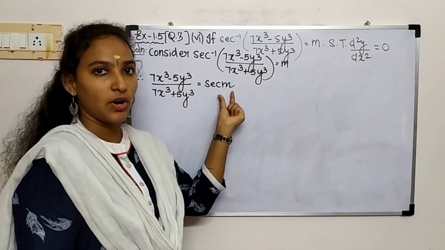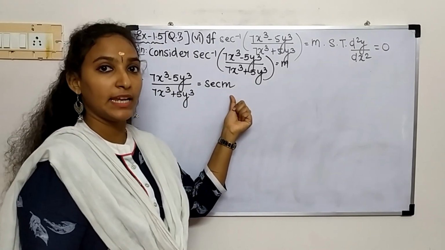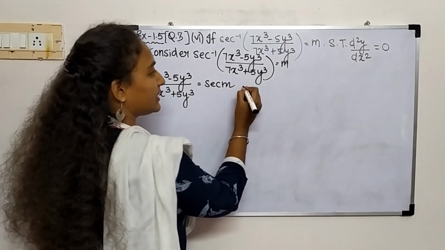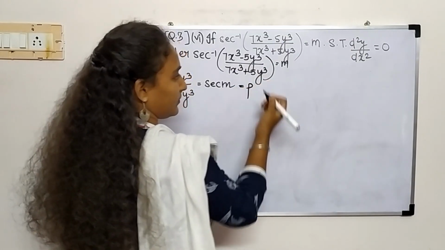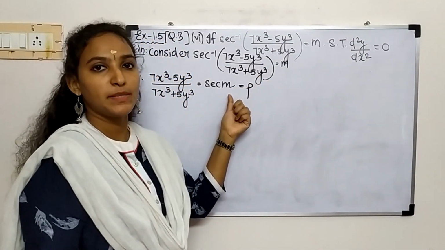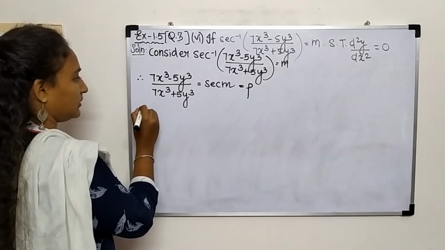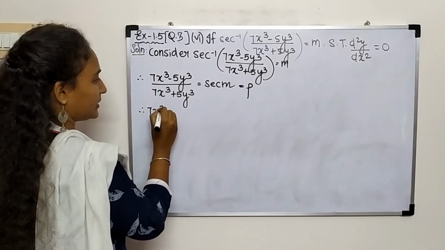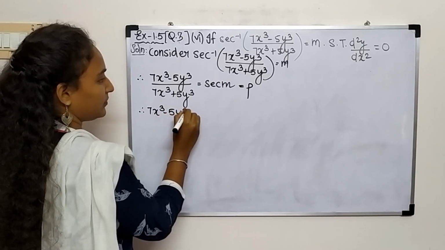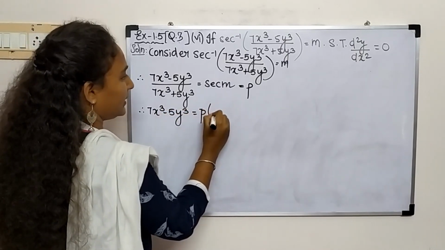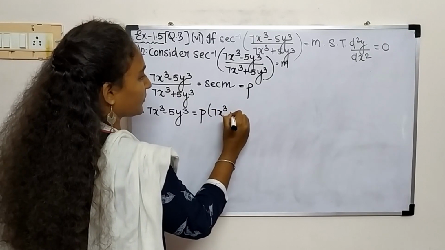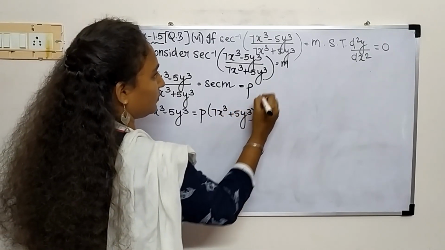So since m is your constant, sec m will again be a constant. So let us consider it to be p. Already m is present in the question, so we are considering it as p. Therefore 7x cube minus 5y cube is equal to p into 7x cube plus 5y cube.